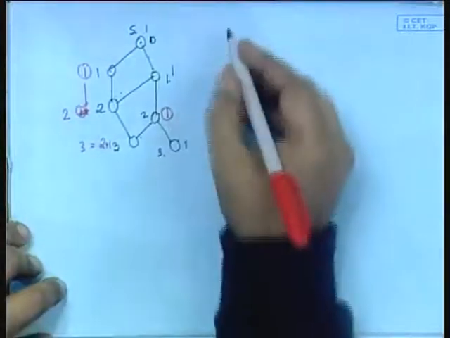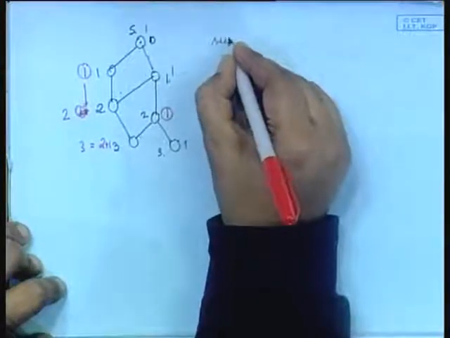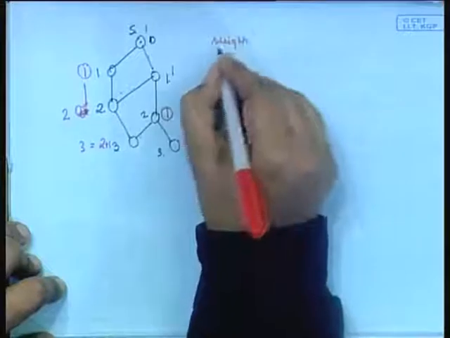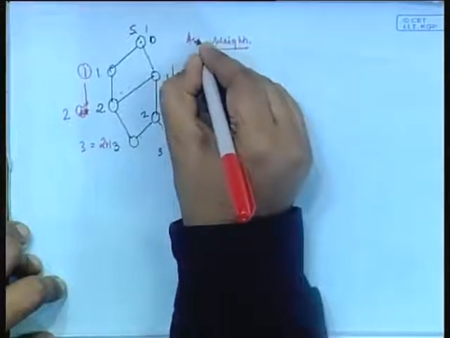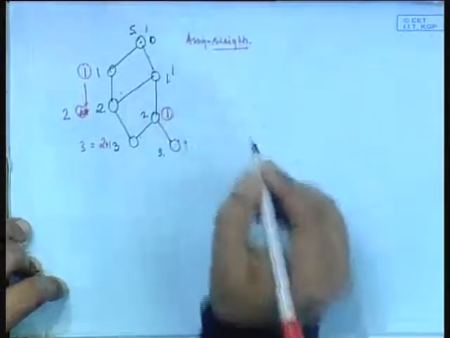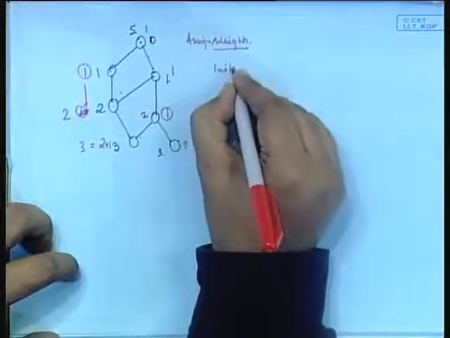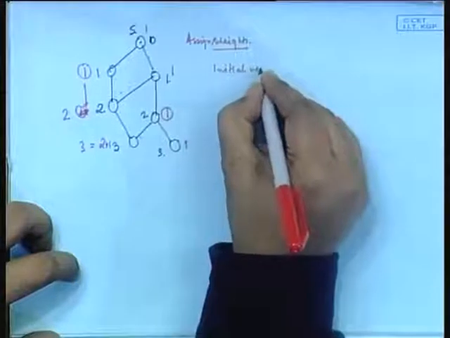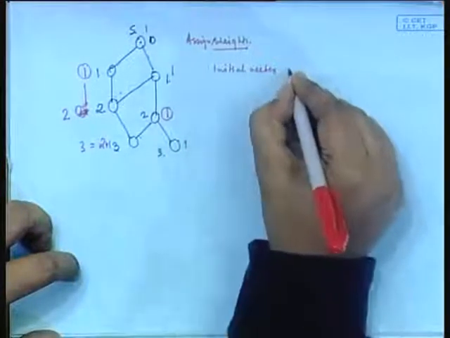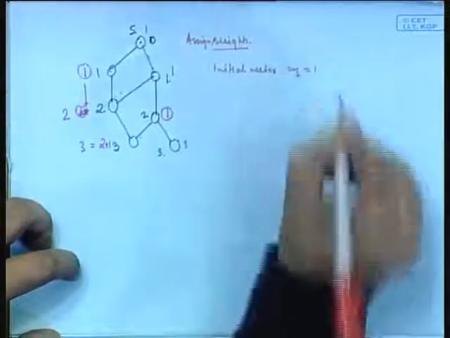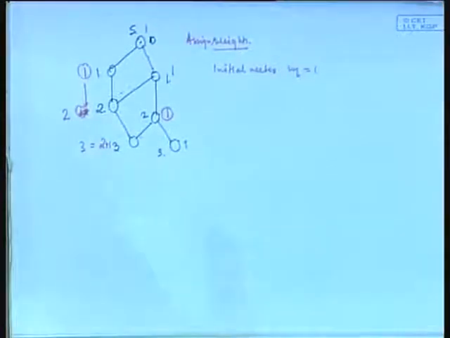So, now I try to assign weights. Okay. So, what happens is, initial vertex, WS is equal to 1, no problem.